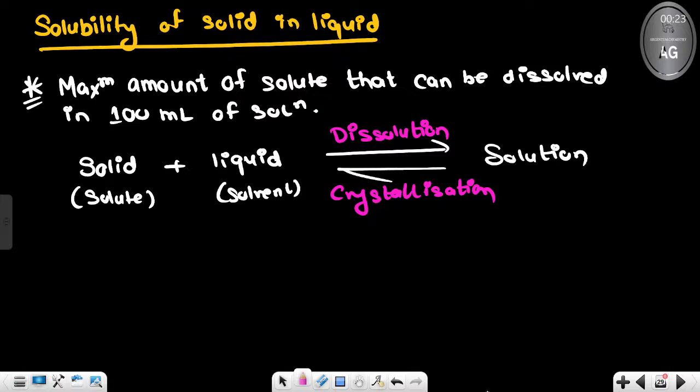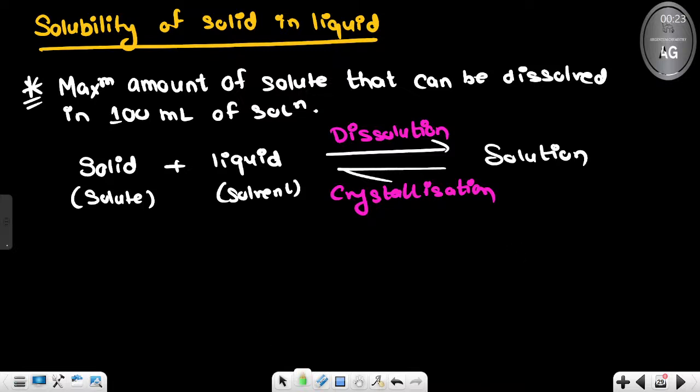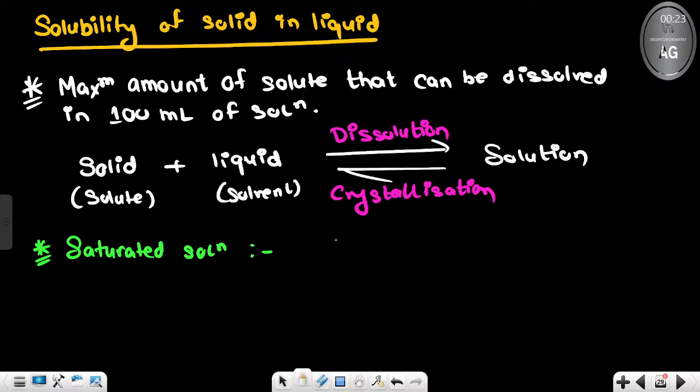Is it clear? Now let us talk about few more terminologies. Saturated solution. What is saturated solution? I'm just giving the concept, definition is not required.